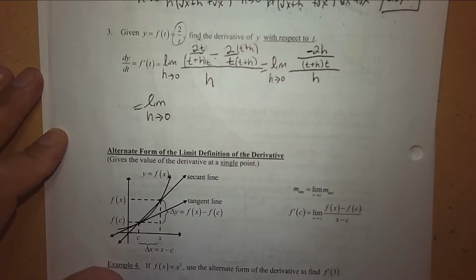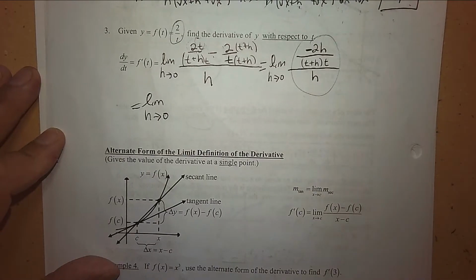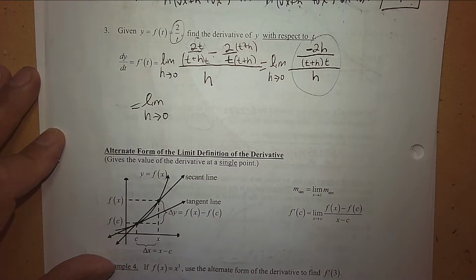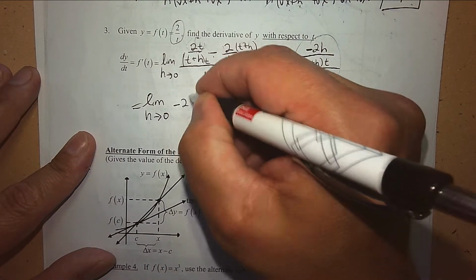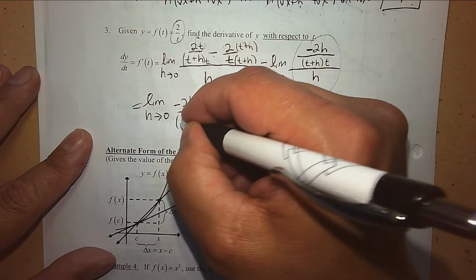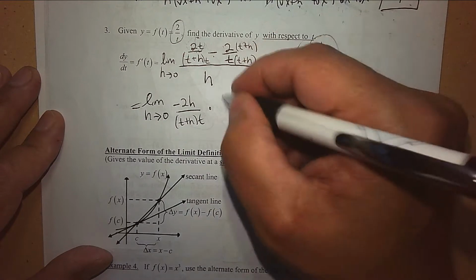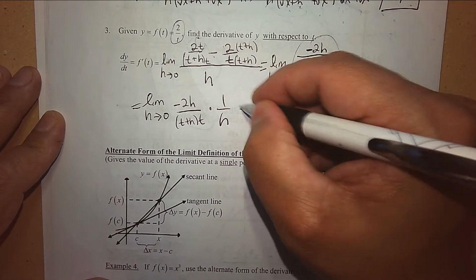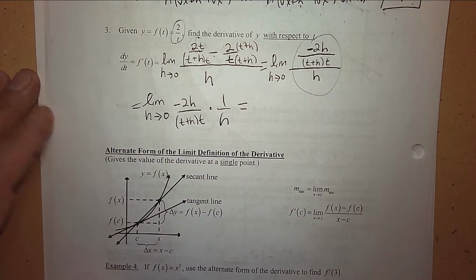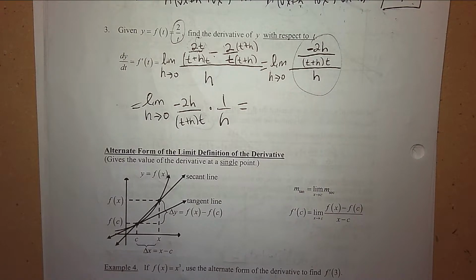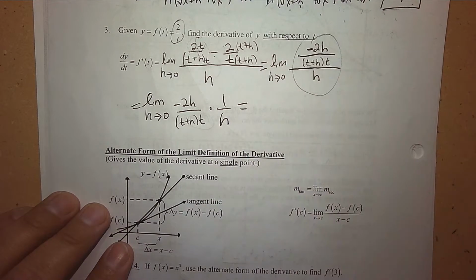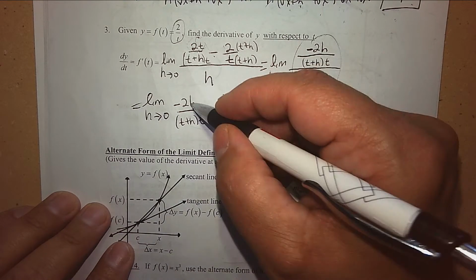Right? How do I divide fractions? You multiply times the reciprocal. So write the first fraction. And then what's the reciprocal? The reciprocal of h is 1 over h. What do you notice about the h's? They divide out.